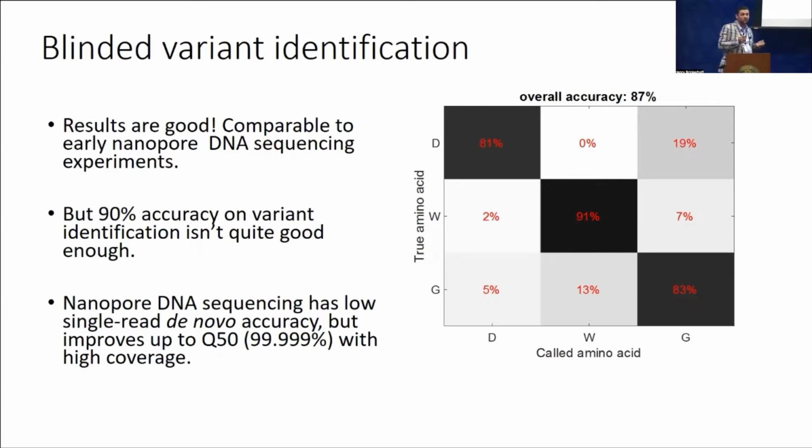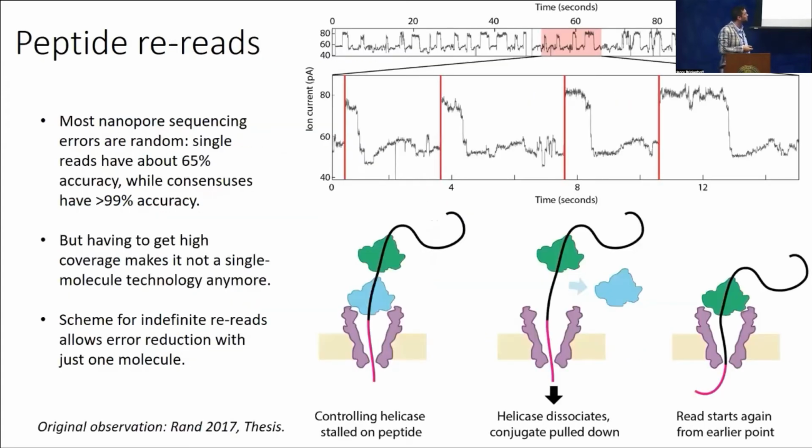It's because of steps that randomly go by a little too fast to resolve, enzyme steps, or the enzyme backstepping, or just noise that's too high so you don't register small steps in the current. But if you measure this over and over again, you can average out the random error. And so with these nanopore sequencers, if you have like 100x coverage, you can get to Q50, which is 5 nines in terms of sequencing accuracy, de novo sequencing accuracy.